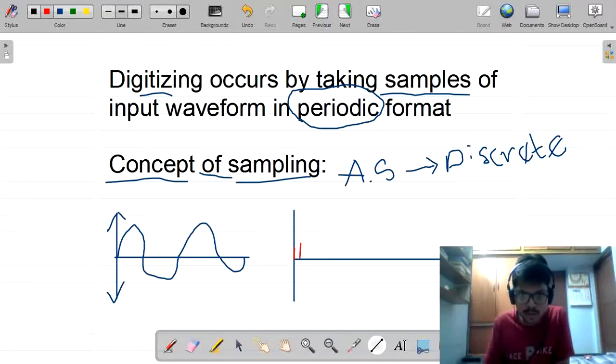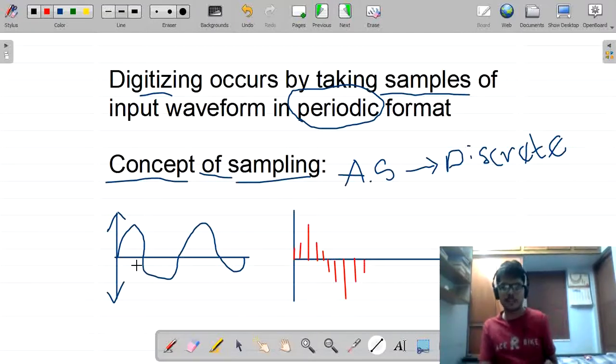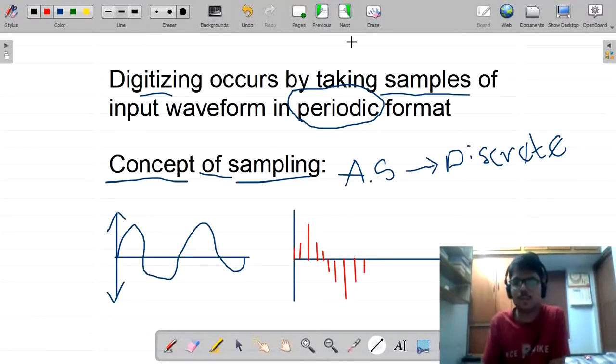At this point one sample, at this point one sample, again one sample, again here a single sample. In this format, by using a periodic nature, we convert it into discrete nature. By using this periodicity concept, this complete analog signal is converted into discrete form. Now we will see.